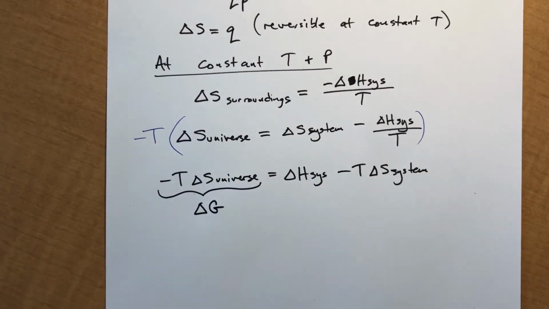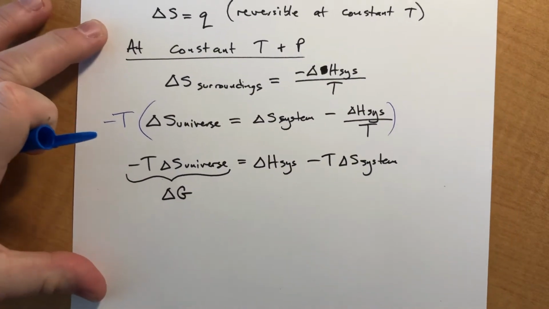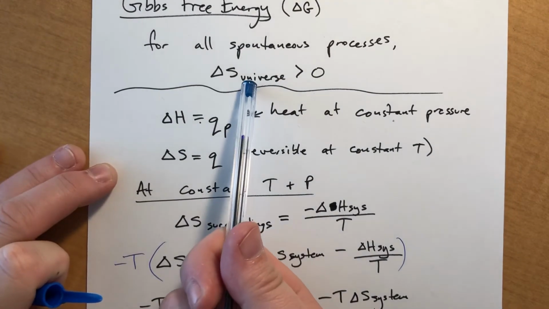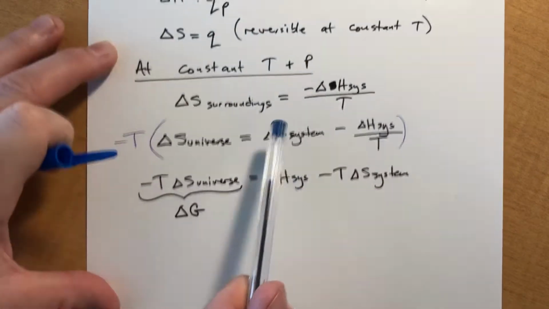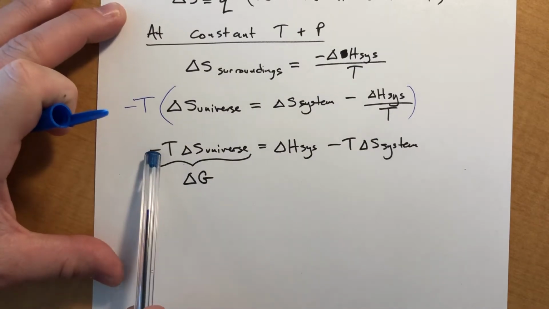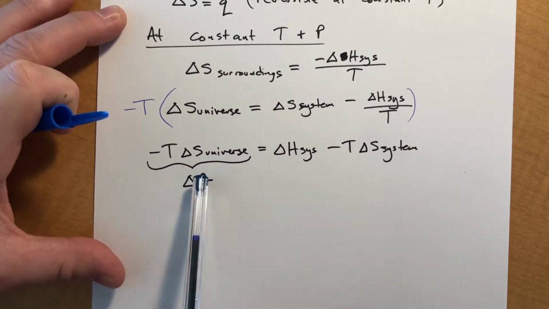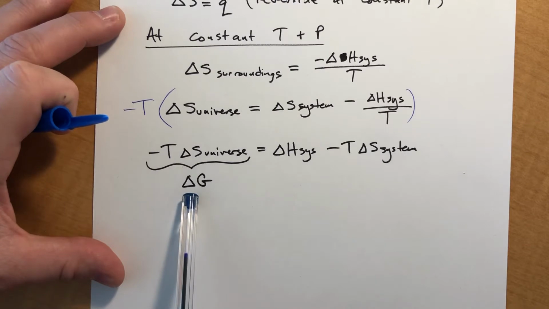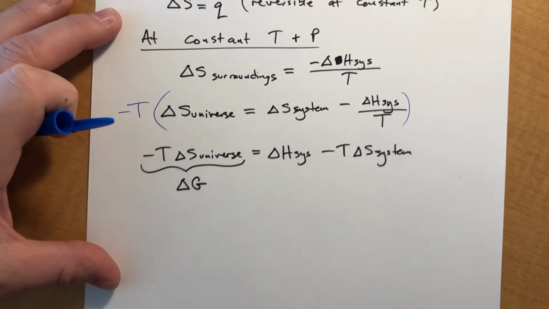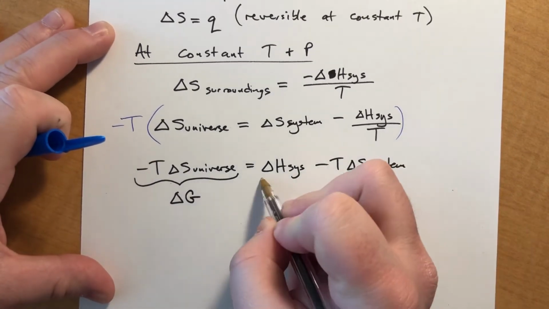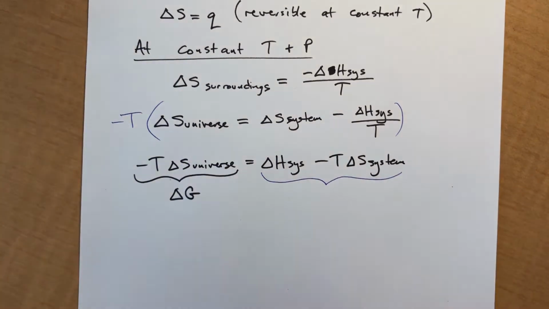Okay? And what this really means is we said way up here that the delta S of the universe has to be positive. Well, since now we've got negative T delta S of the universe, the negative sign means that we need this thing to be negative for it to be spontaneous, but these are all in terms of things that we can measure inside of a beaker.